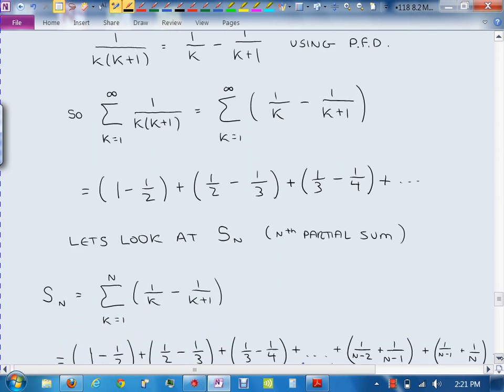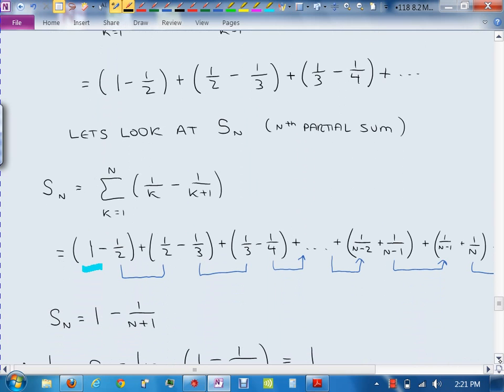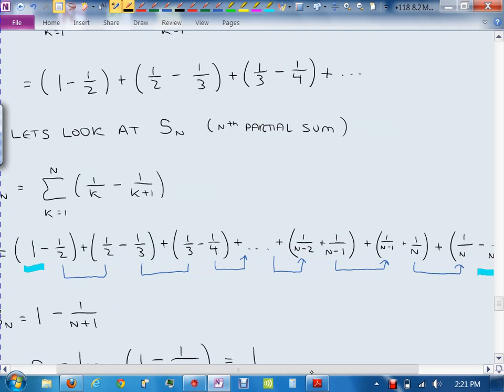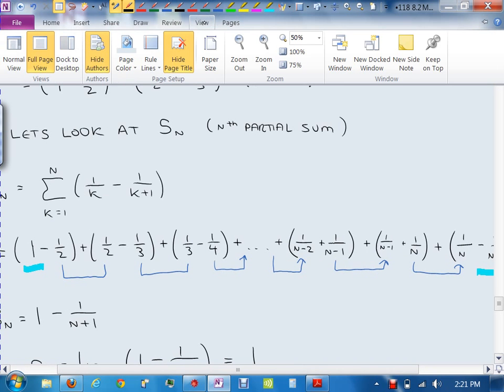Now let me look at the nth partial sum. I don't want to list them all. I just want to list the first n of them. So it's this. So I get 1 minus 1/2 plus 1/2 minus 1/3 plus 1/3 minus 1/4 plus blah, blah, blah. Then I get down to the end here, don't I?